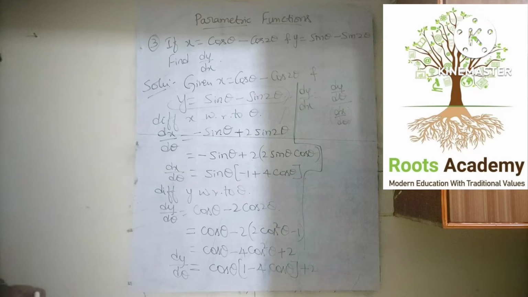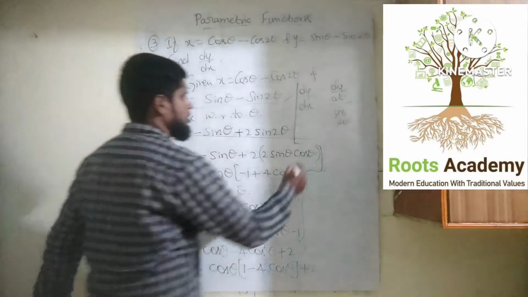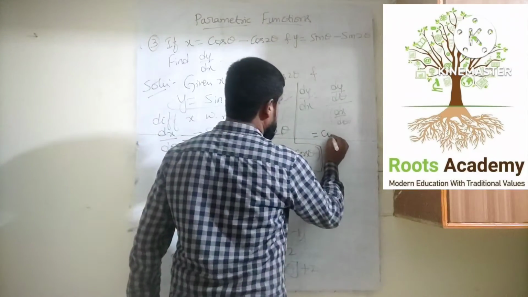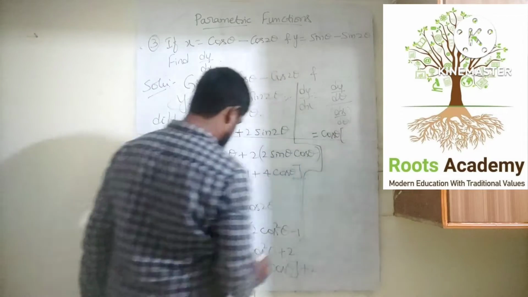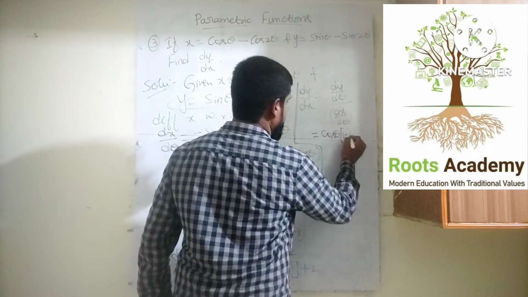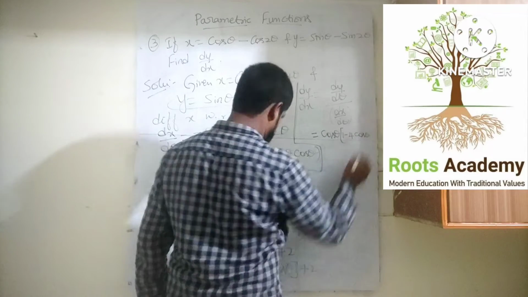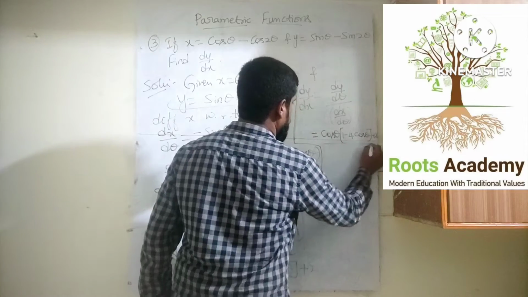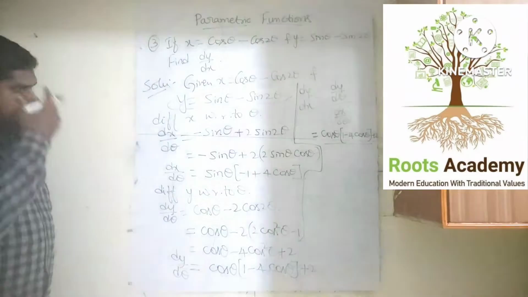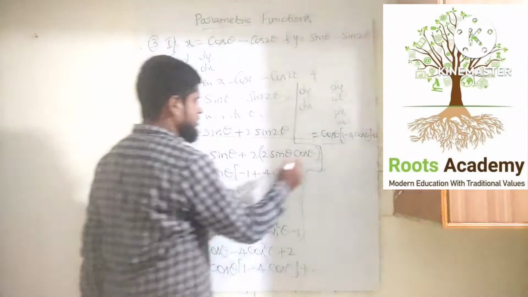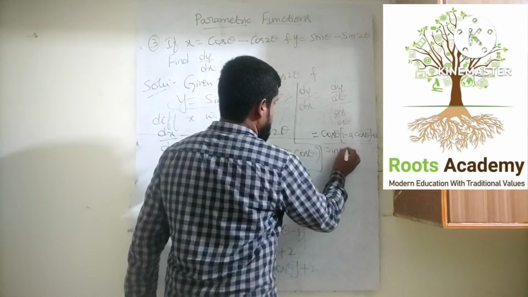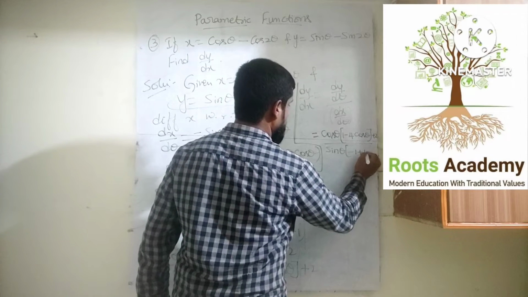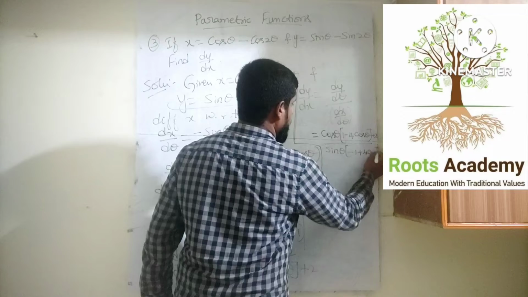This is equal to dy by d theta, which is cos theta bracket 1 minus 4 cos theta plus 2, all divided by dx by d theta, which is sin theta into minus 1 plus 4 cos theta.